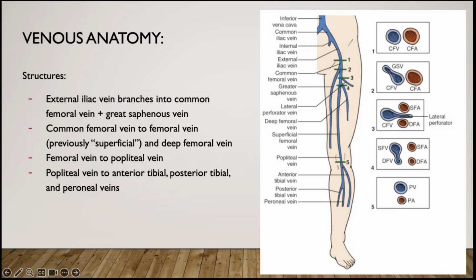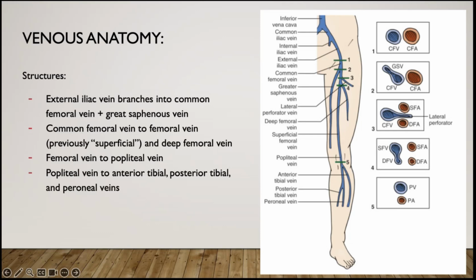And then a little bit distal to that, here at point 3, you'll see that the common femoral artery bifurcates into the superficial femoral artery and the deep femoral artery. And then a little bit distal to that, eventually the common femoral vein also will bifurcate into the superficial femoral vein and deep femoral vein. And you'll notice that these structures tend to run next to each other, the vein and the artery. And again, the artery is more lateral.